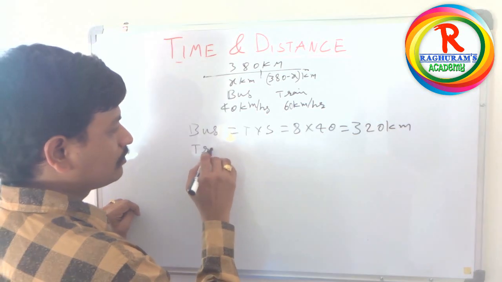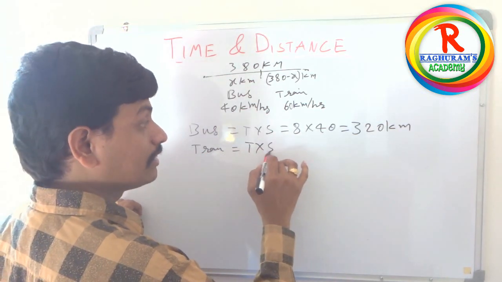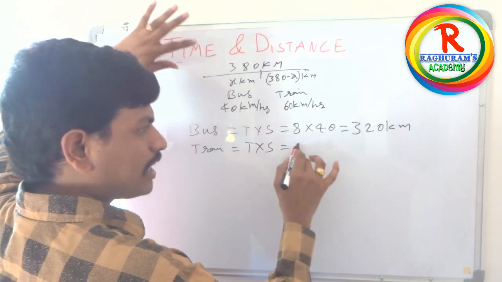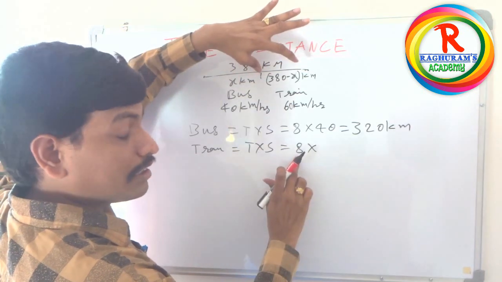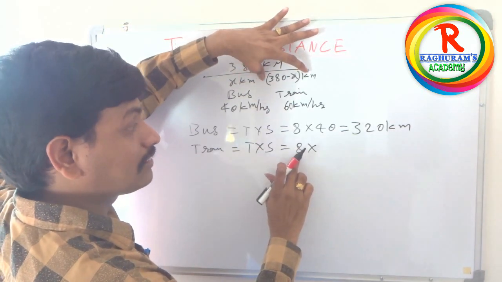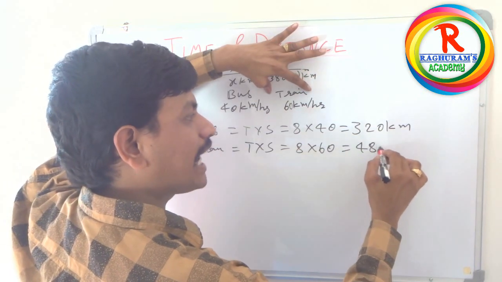And by train, how many kilometers can he travel? Time into speed again. Time is the same 8 hours, suppose total by train, into speed 60. That is 480 kilometers.